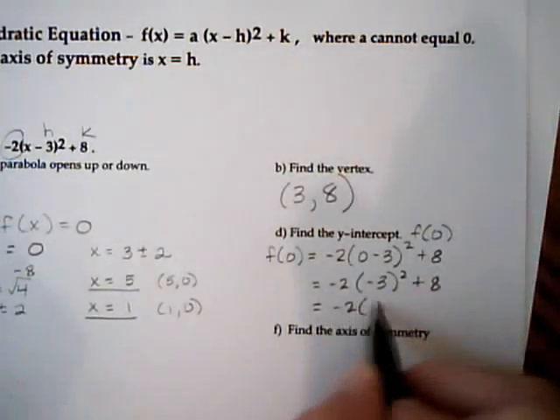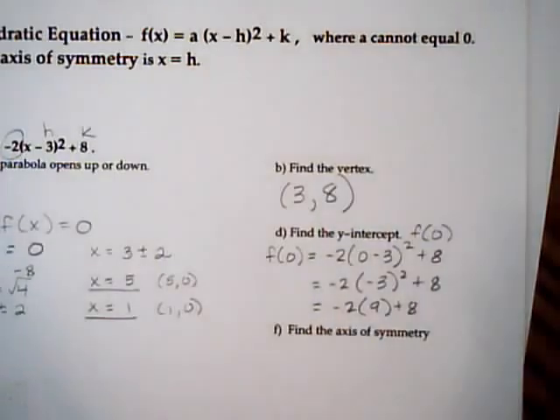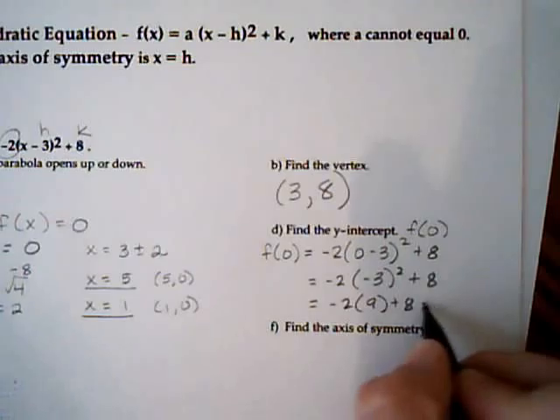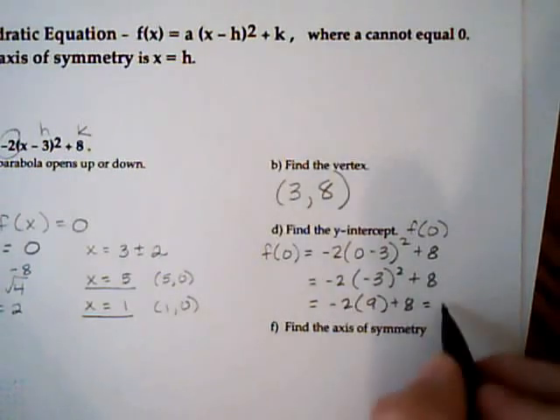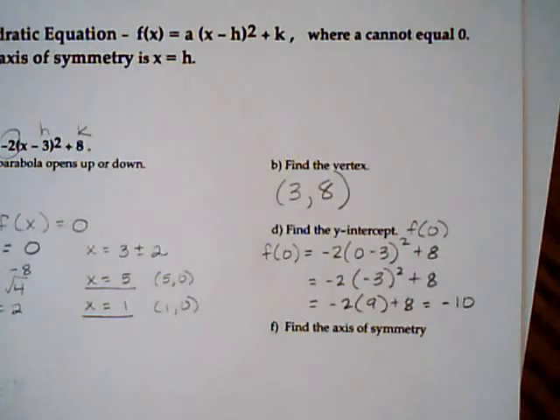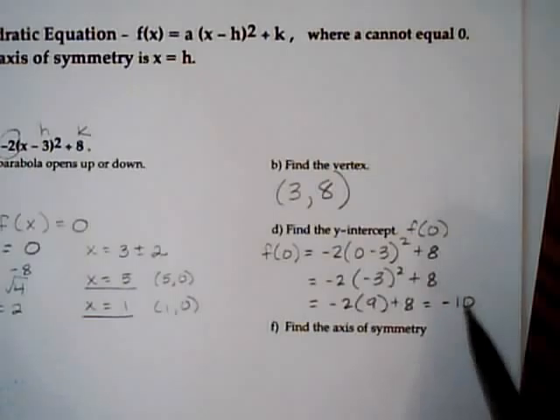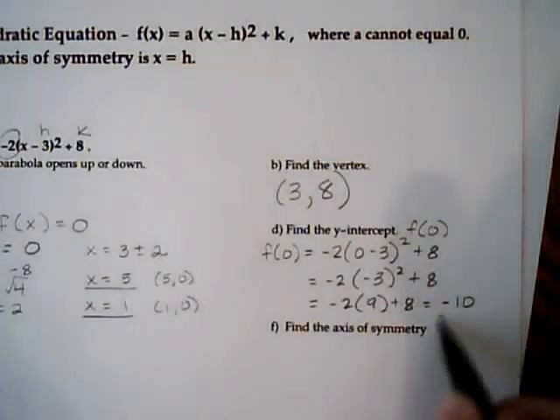So -2 times 9 plus 8, and that would equal -18 plus 8, which would be -10. So the graph will cross the y-axis at -10. Again, we know this is the point (0, -10).